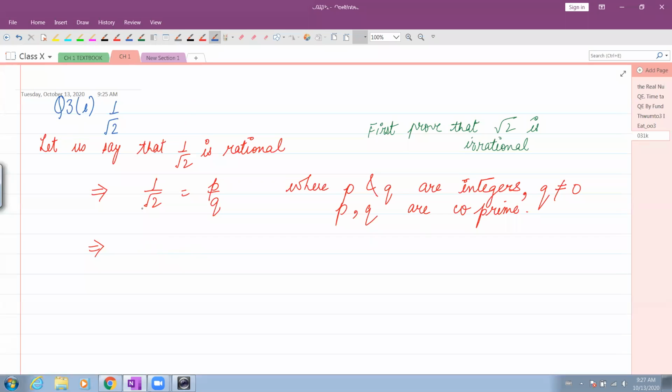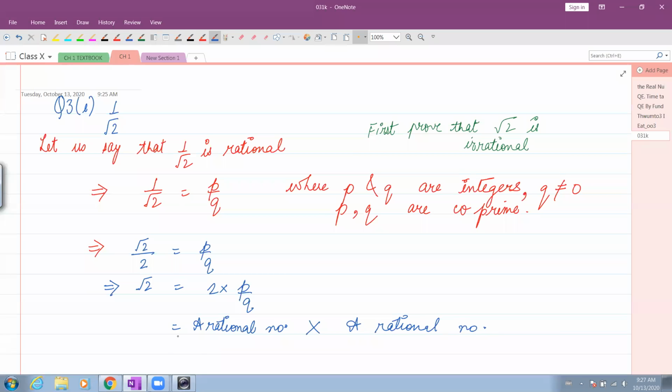I'm going to rationalize the left hand side. And my right hand side is the product of two rational numbers. The answer would be a rational number.